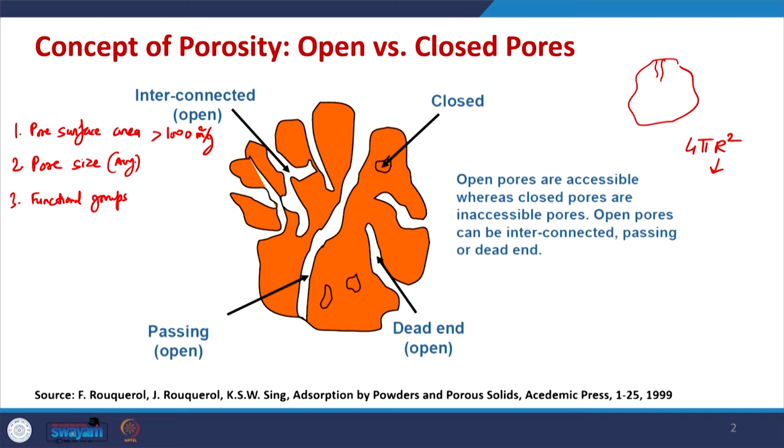So, 4 into 22/7, and suppose the diameter of the particle is very small, say 1 millimeter.